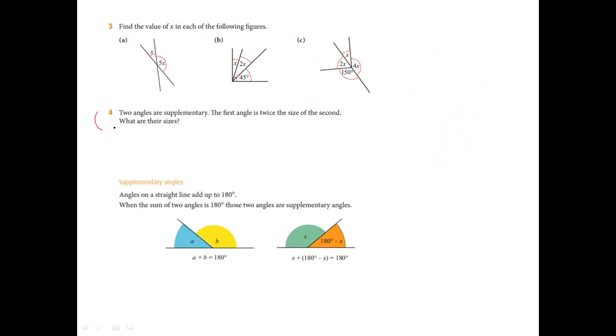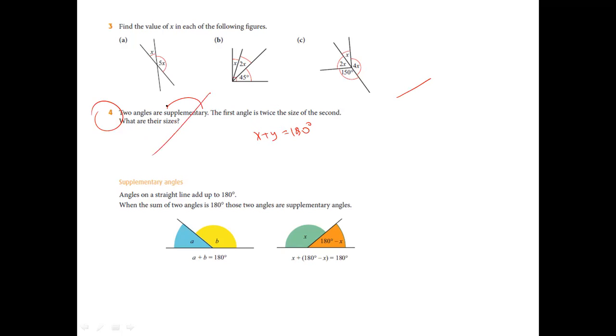Okay, and what about the fourth question? Two angles are supplementary, so x plus y is supplementary. It's a straight line. Supplementary means a straight line, and it adds up to 180 degrees.